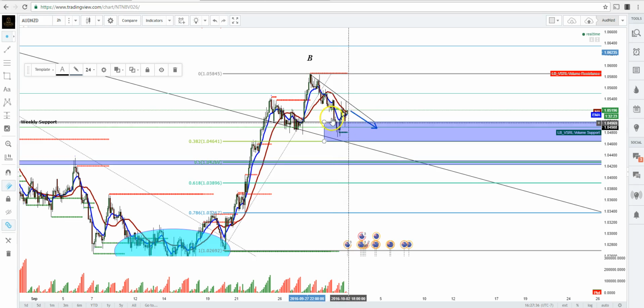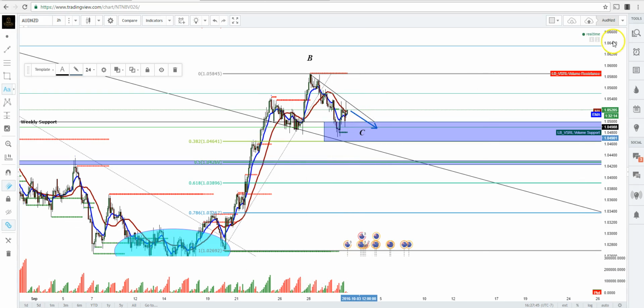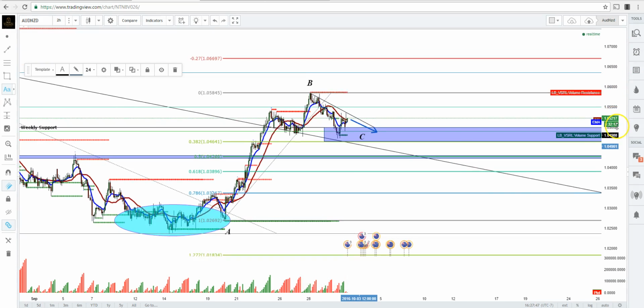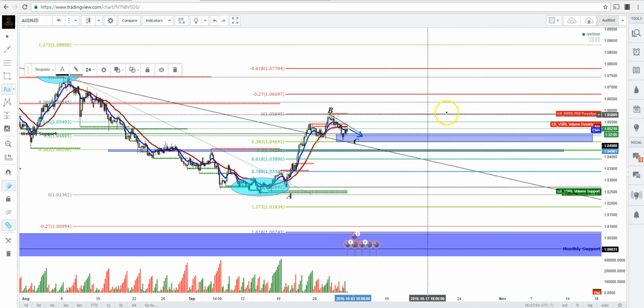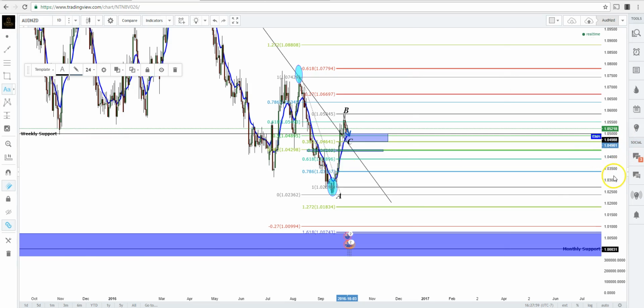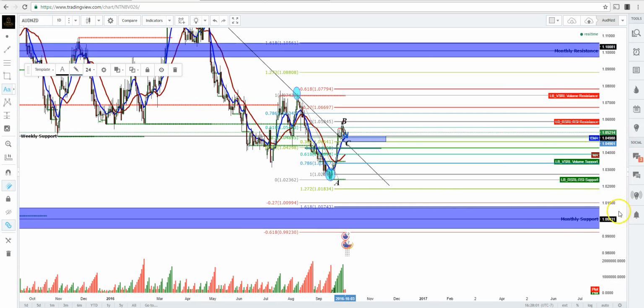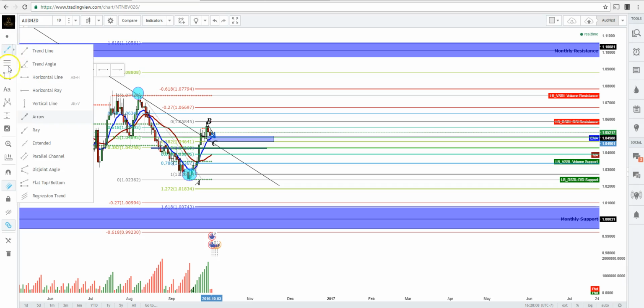So I'll be looking for this zone right here to be my C leg, meaning we should complete at the 161.8. Now, I do want to see on higher time frames where my 161.8 holds, especially on the daily chart, to see if there's any confluence before that zone. And it looks like if this is a confirmed uptrend, we should complete here at this level.